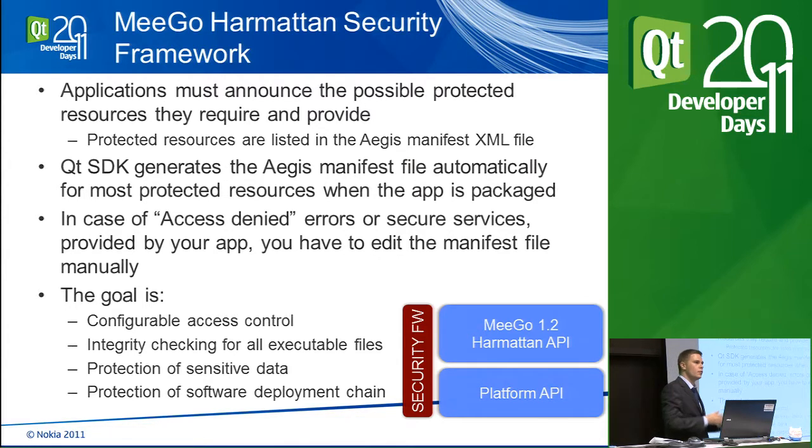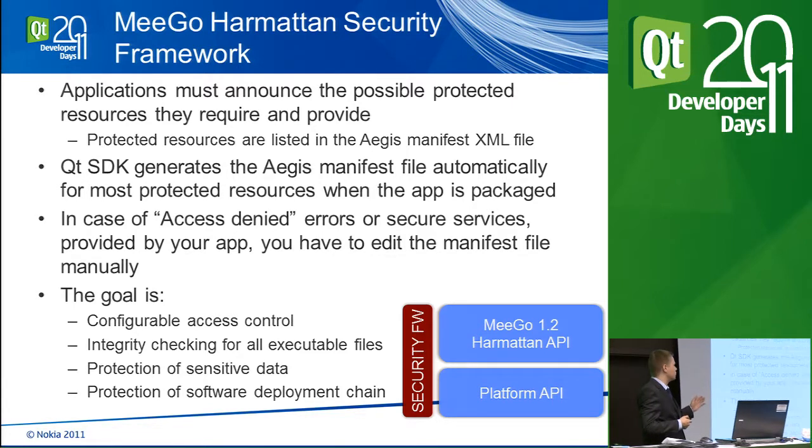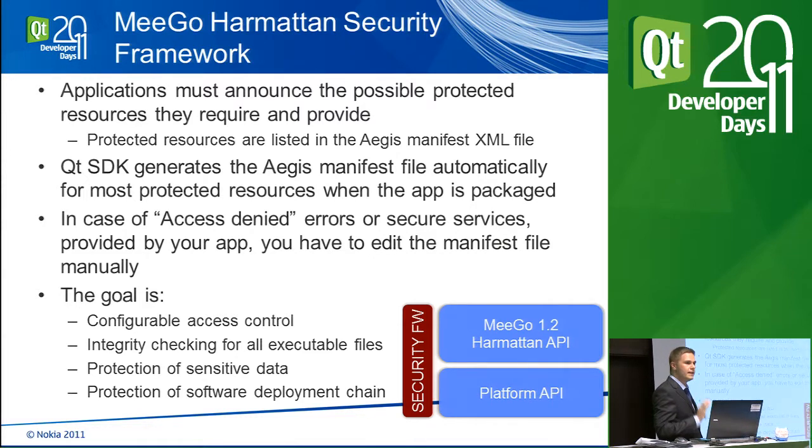So depending on what features you are using, the SDK detects that, and then it will generate the manifest file so that your application will be able to automatically request all the access to all the protected APIs. But in case the SDK fails to detect that your application needs something, you may need to modify the manifest manually.